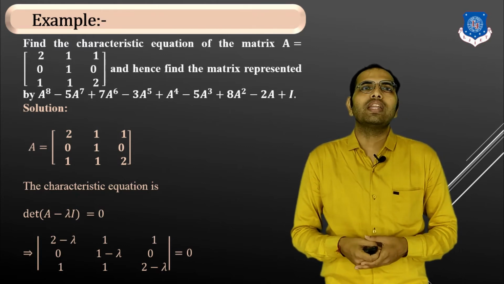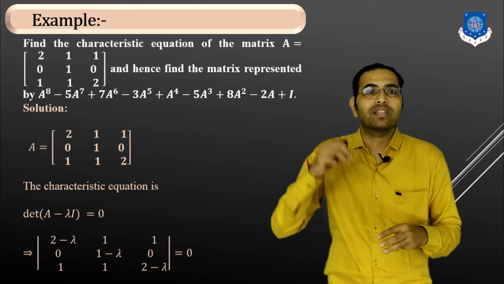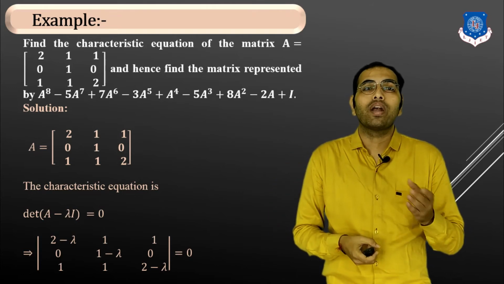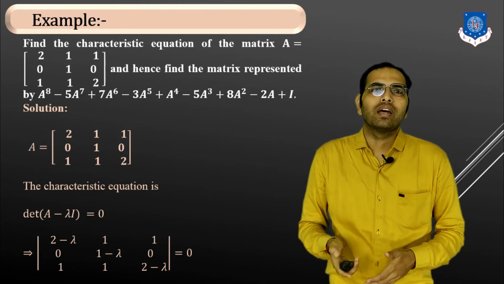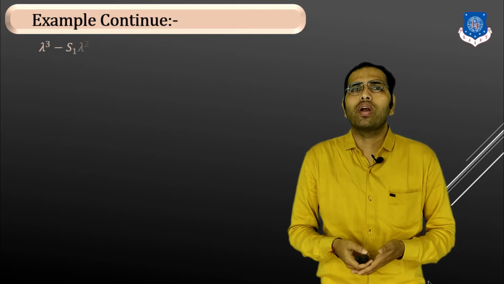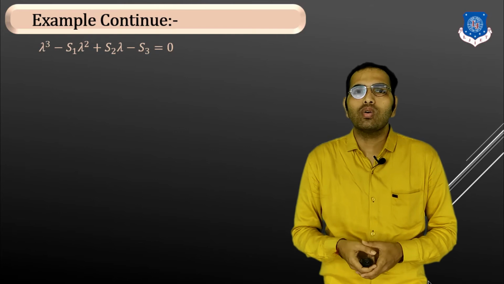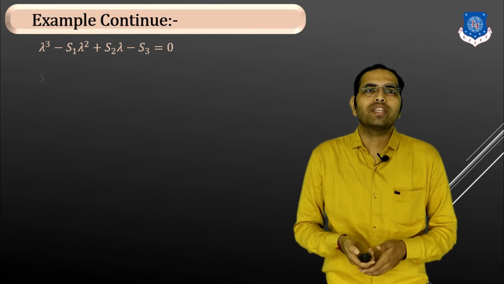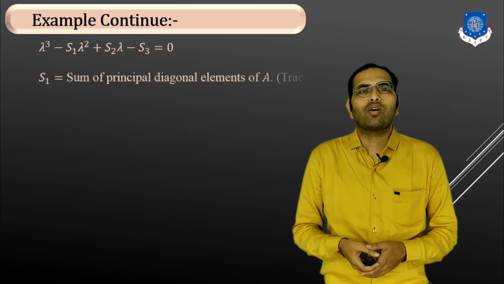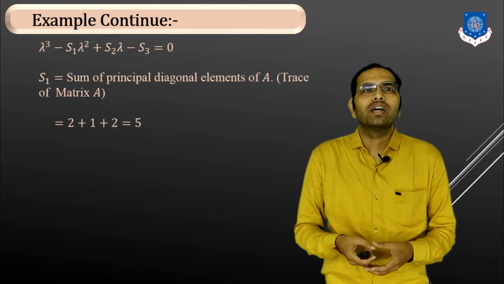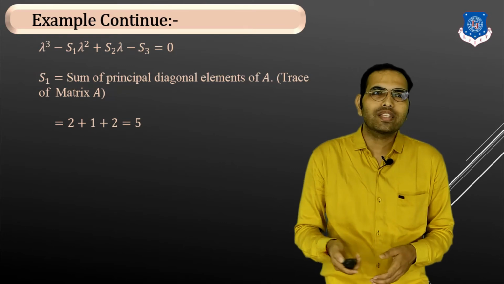Firstly, we have to find the values of S1, S2, S3 and substitute them in our characteristic equation of order 3, that is lambda cube minus S1 lambda square plus S2 lambda minus S3 equal to 0, where S1 is the sum of the principal diagonal elements of the given matrix, which is the trace of A, equal to 2 plus 1 plus 2, that is 5.